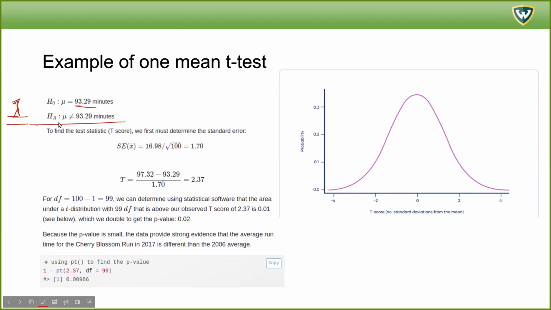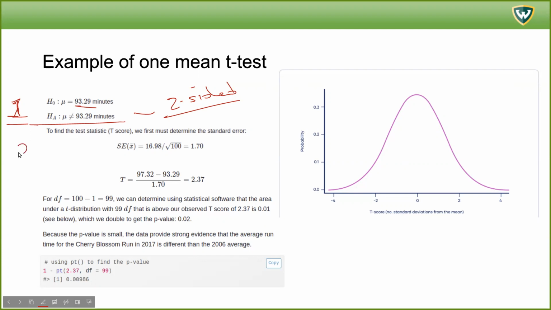Now, you're going to test whether the mean changed, or better, significantly changed from that value. So the alternative hypothesis is that no, it's different. We don't really know if it's higher or lower. Like I said before, it's always good to do a two-sided test unless you really know things could only have gone one way. Then you do a one-sided test. But if it could have gone two ways, we do a two-sided test.